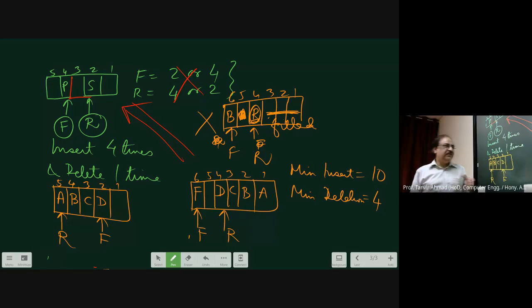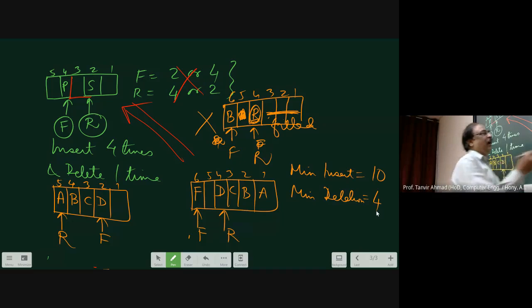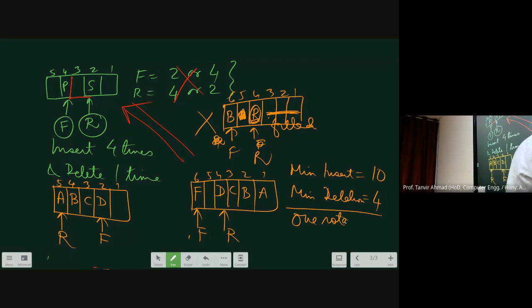Therefore, after 10 times, this will come to this place. And once I am coming to this, it means that there has been one rotation of R, but no rotation of F.